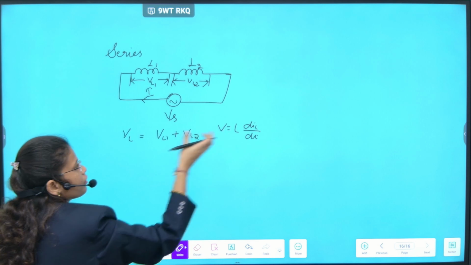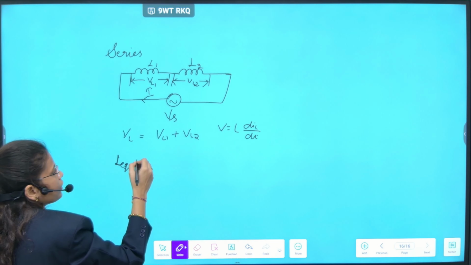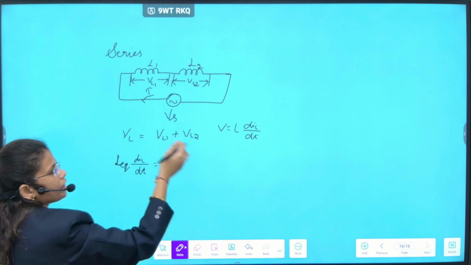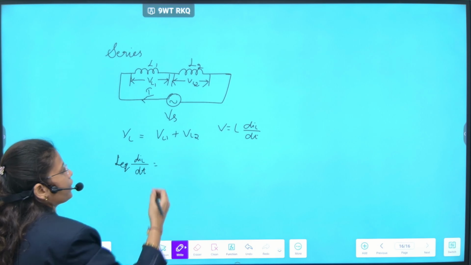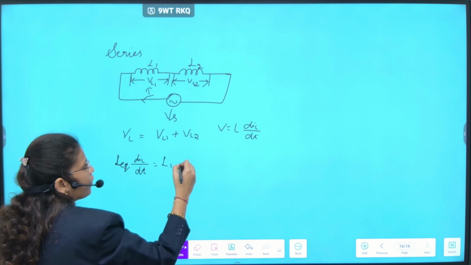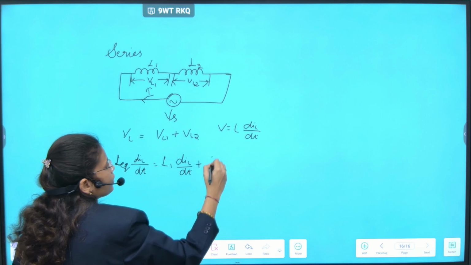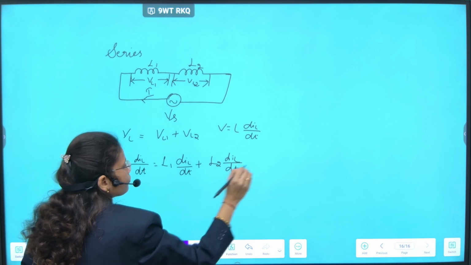This formula is represented here. VL, L equivalent dIL by dt, is equal to VL1, the voltage across inductor 1, which is represented as L1 dIL by dt plus L2 dIL by dt.